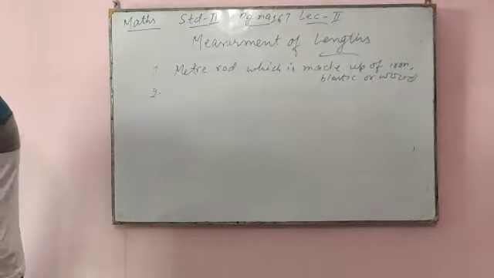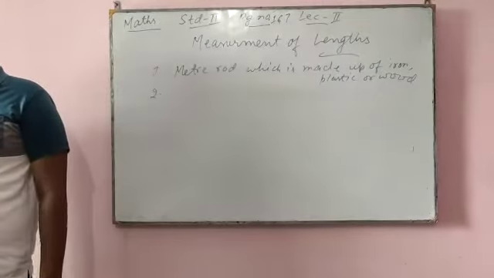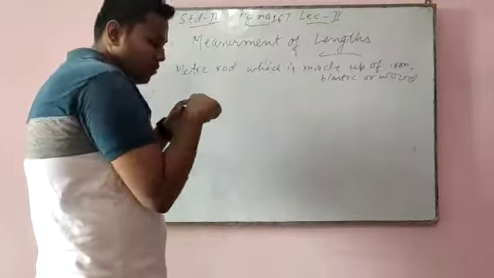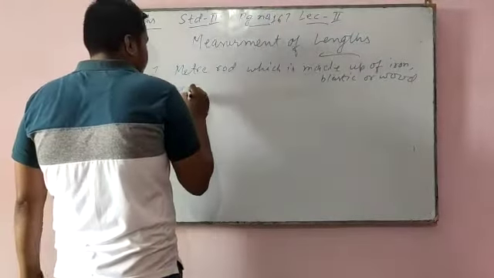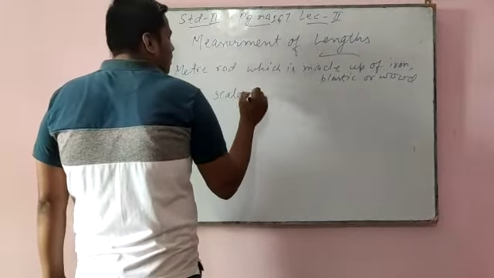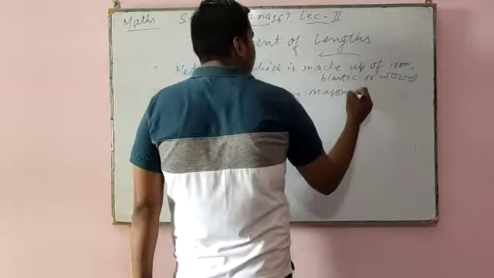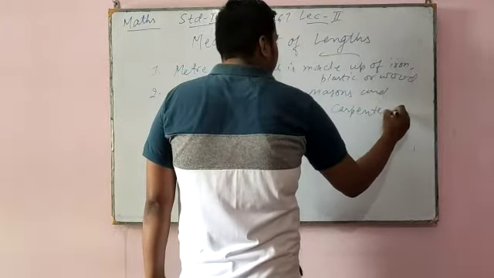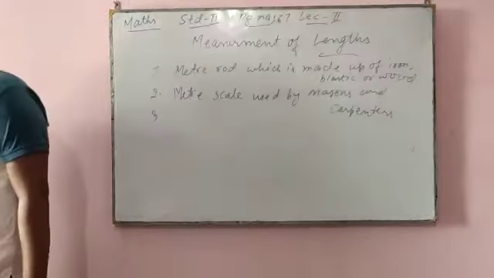Second is a meter scale used by masons and carpenters. It is a meter scale that you have to stretch. Now, when you go into any clothes shop, there is a tailor.